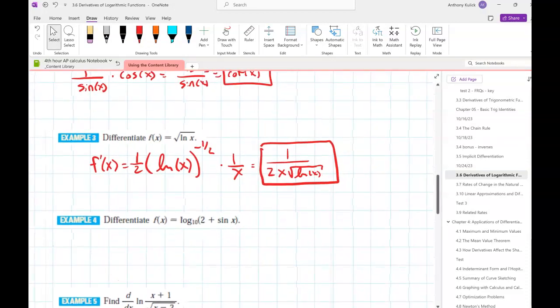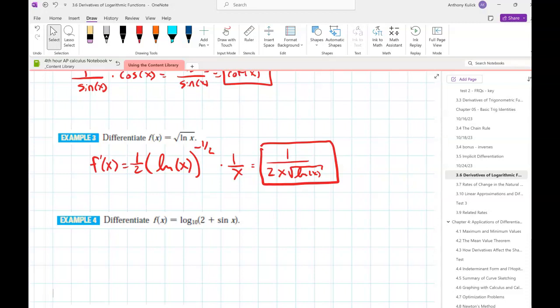Let's do another. And we have log base 10 of 2 plus sine x. Again, to do this, what do we need? Chain rule.